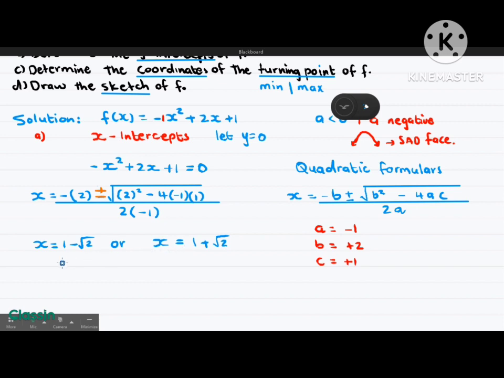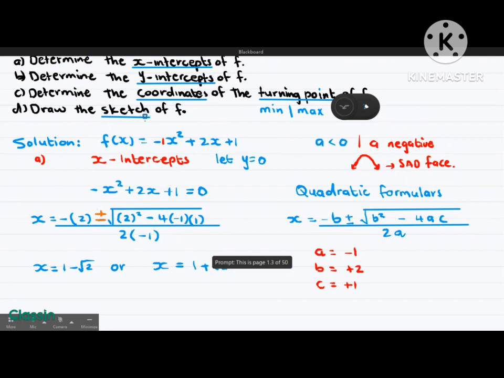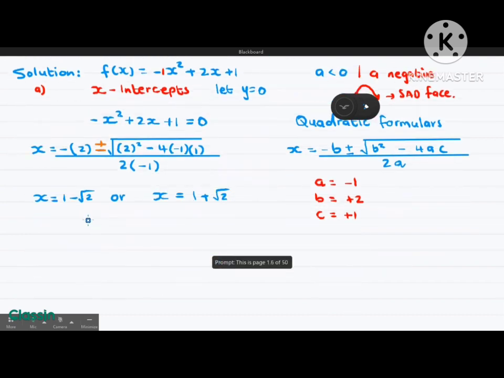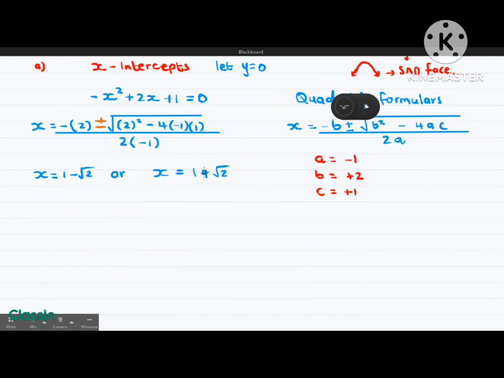But now, because the question says determine the x-intercept of f, these are the x values. Now we need to write this in the form of coordinates. Therefore, we say 1 minus root of 2 and 0. Why do we put 0?